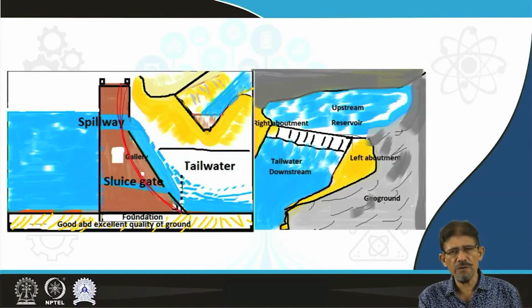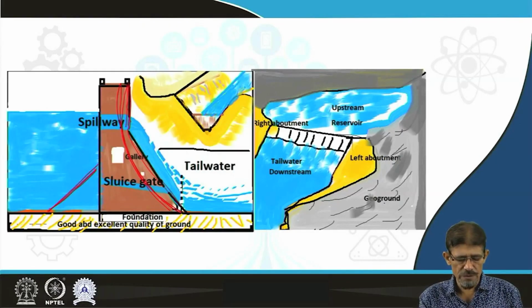Generally some part is vertical and then some part is inclined. In some cases, we will discuss in our next lecture, this portion is also somewhat inclined. In general, this is the view of a gravity dam.